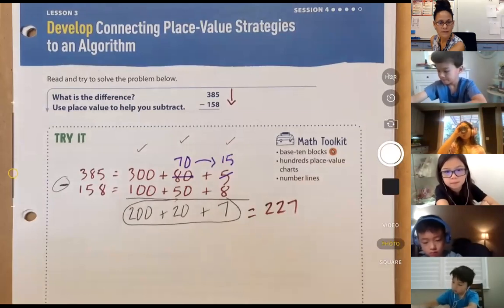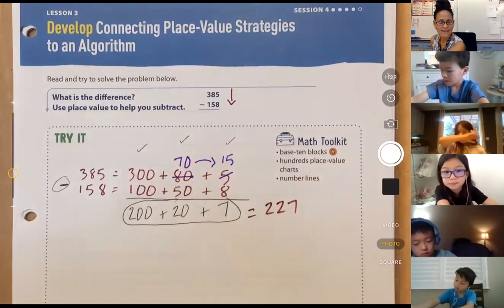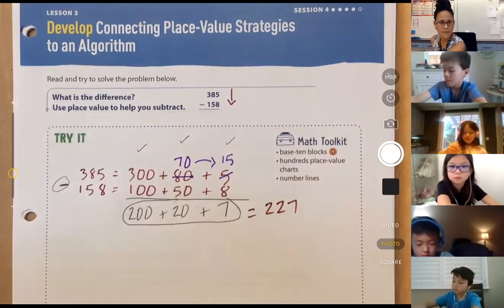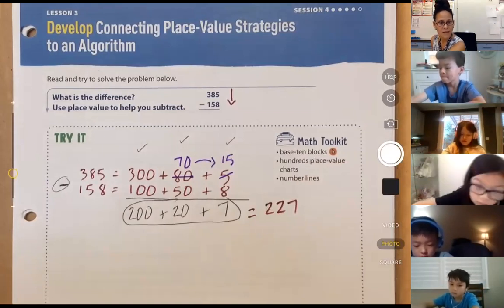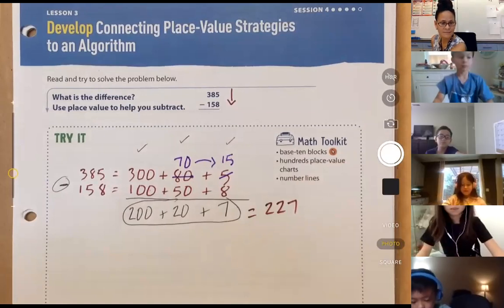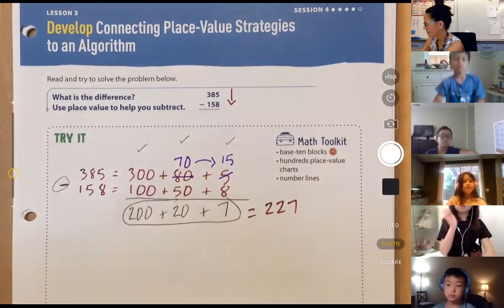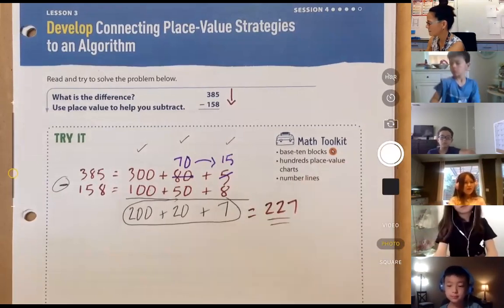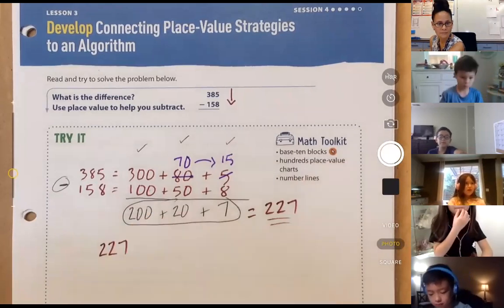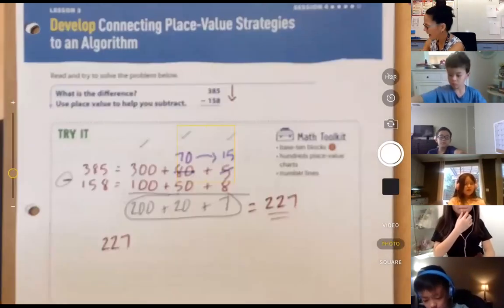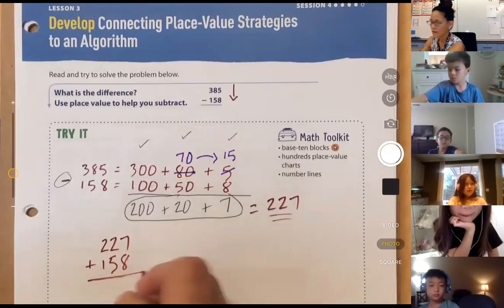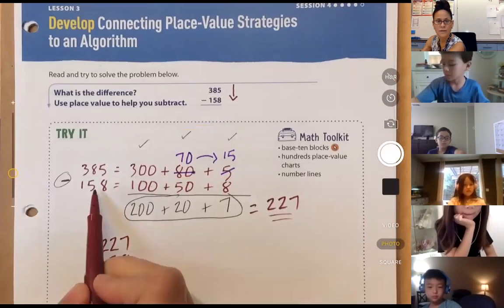Now, friends, can we connect this to an algorithm? For example, can we check our work? We definitely can. We can take this difference of 227 and I can add it to the lower addend, which is here.